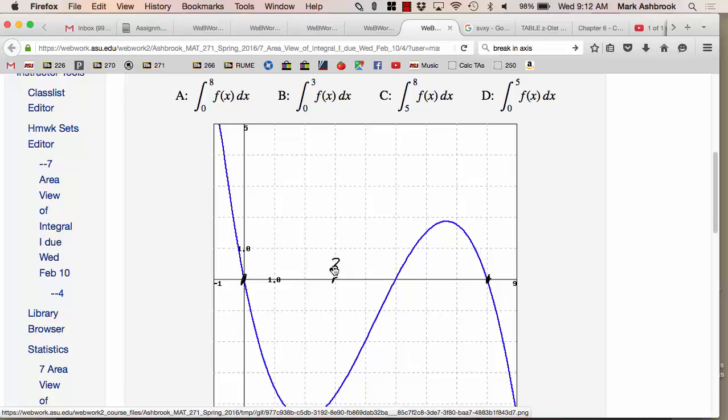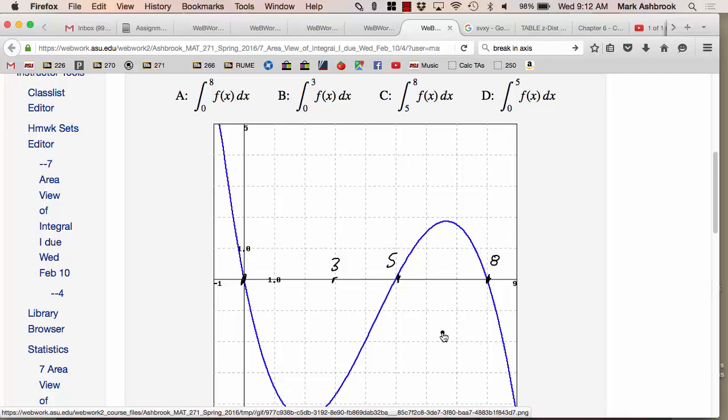Here's 3. 5 to 8. And 0 to 5. Okay, so let's see here. 0 to 3, 0 to 8.